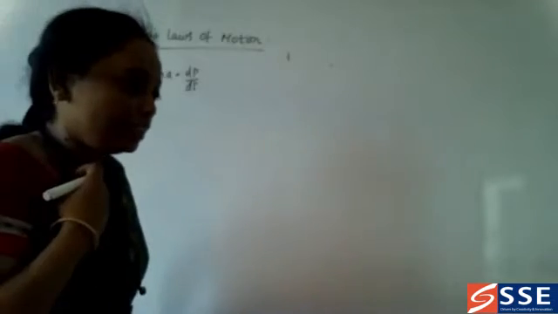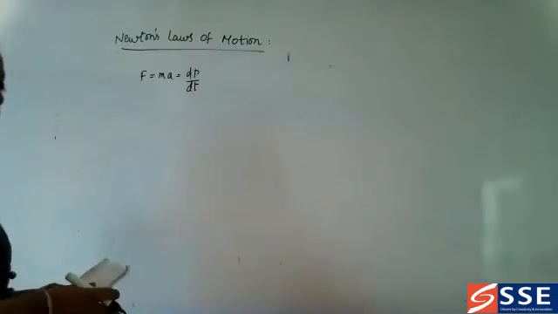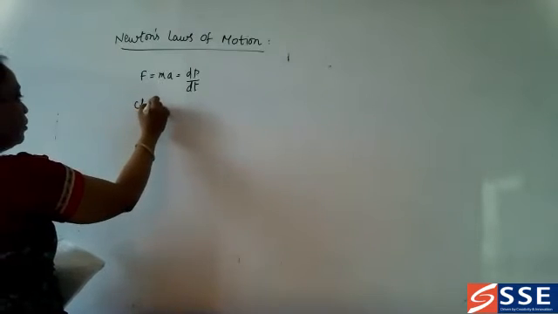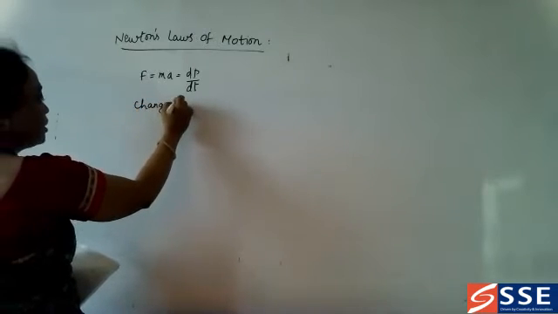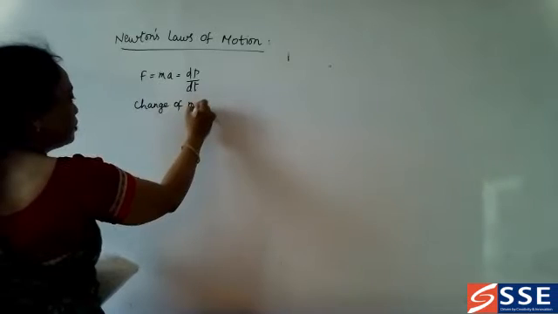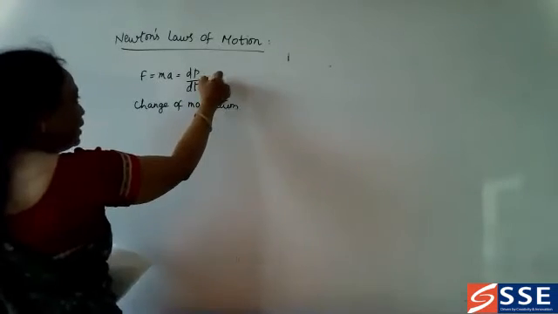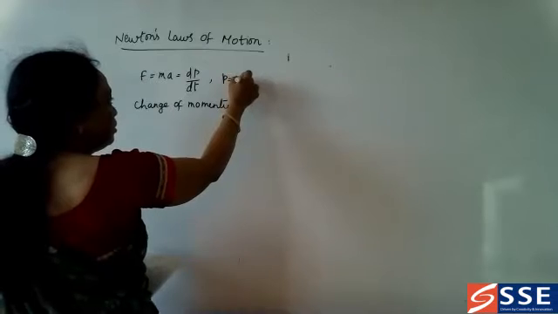Next we move to change of momentum. How do you write the equation for change of momentum? Momentum is p equals mv.